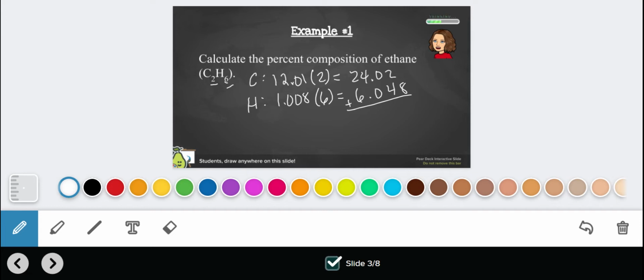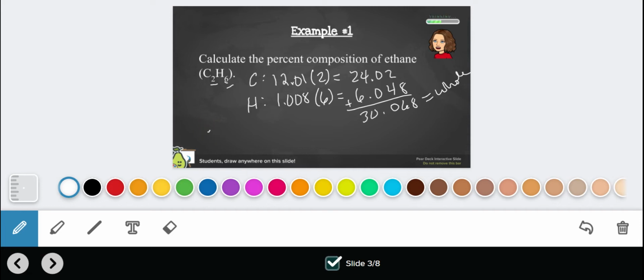And we would get 30.068. Now that is the total mass. So this would be our whole, right? That's the mass of our whole compound.